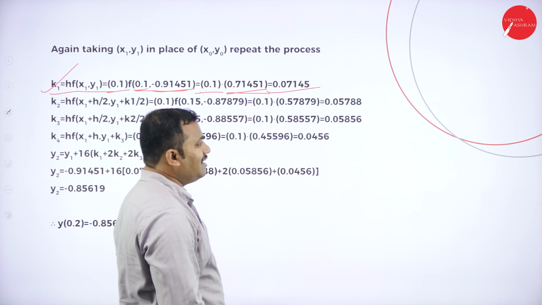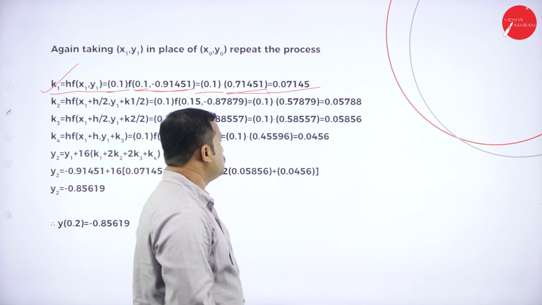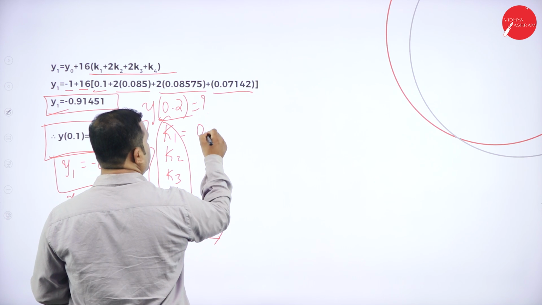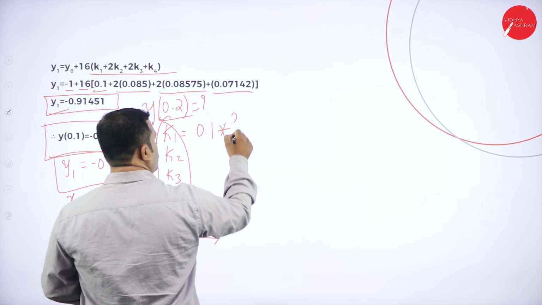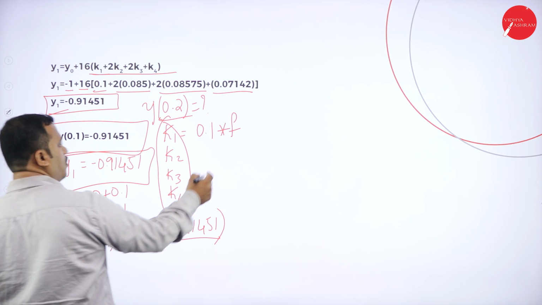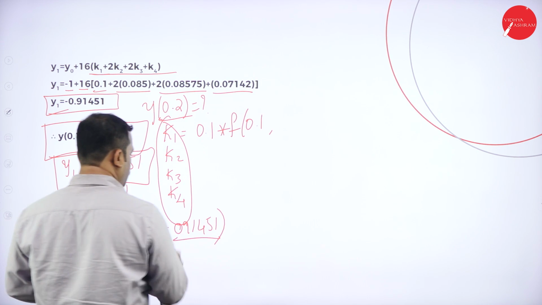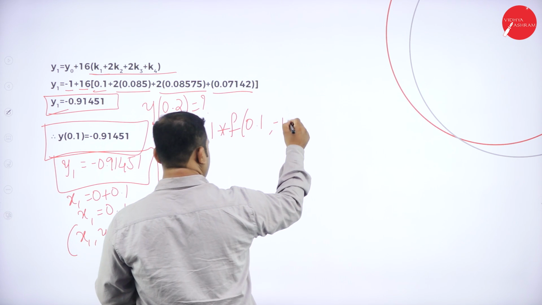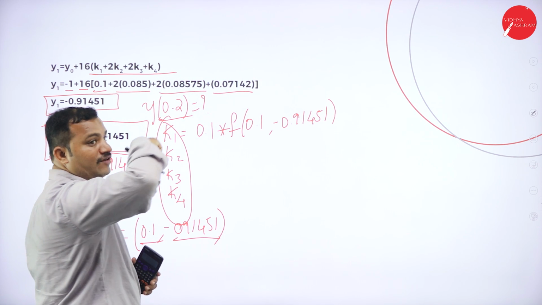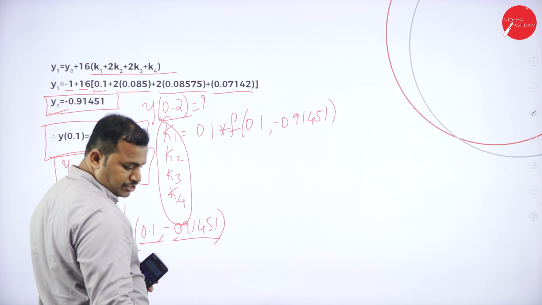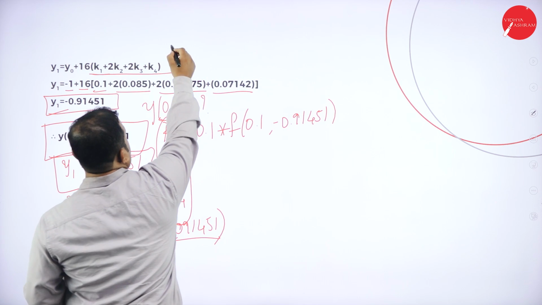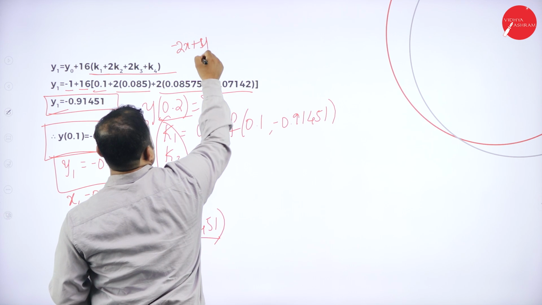So if that is the case, let me do the calculations once again here. What is the value of k1? k1 is equal to h into f of x1 comma y1. What is the value of x1 comma y1? It is 0.1 comma minus 0.91451. If I substitute these values into this equation, minus 2x plus y, what value do I get?